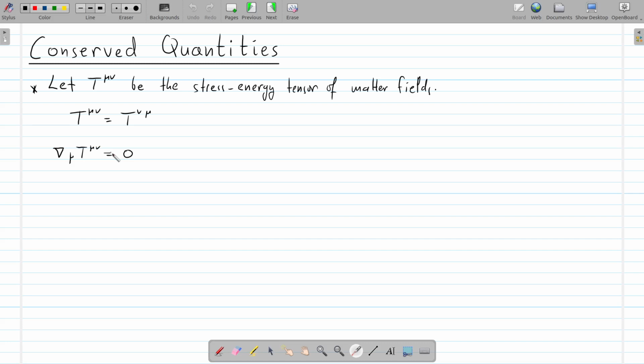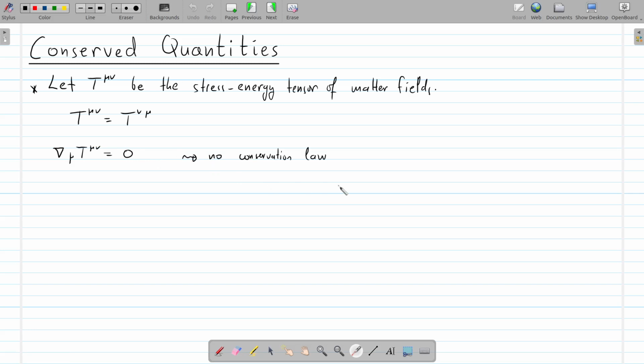We can form other interesting conserved quantities by considering the stress energy tensor of matter fields. We haven't explained yet what this is, but all we need to know for the moment is that the stress energy tensor is symmetric with respect to the exchange of indices mu and nu, and that its divergence with respect to either index here vanishes.